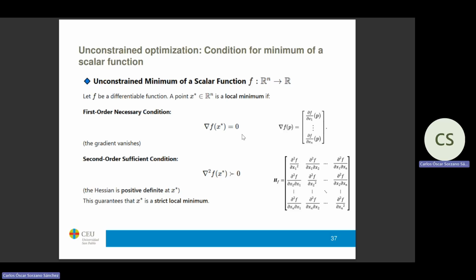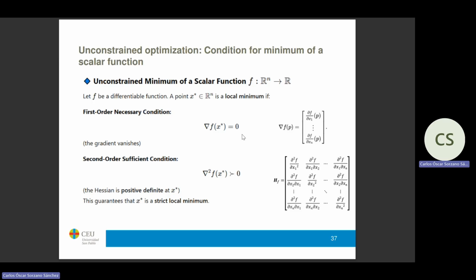The Hessian is a matrix of second derivatives: second derivative of f with respect to x1, then x1 and x2, x1 and xn, then x2 and x1, x2 squared, and so on. One way to note it is this, and the other way is with the nabla operator, nabla squared, that is the Hessian.